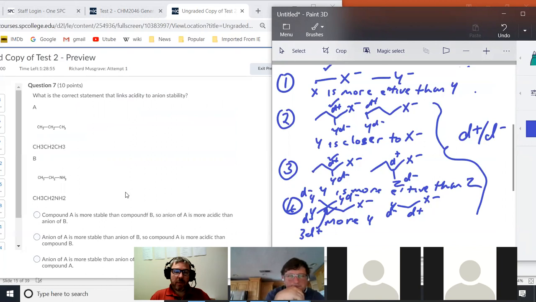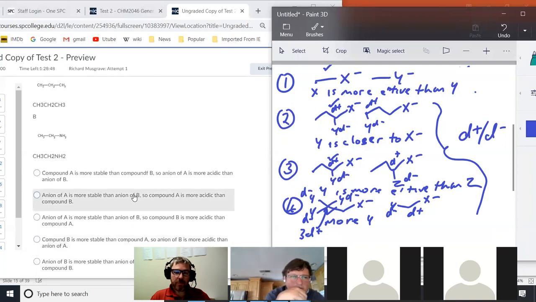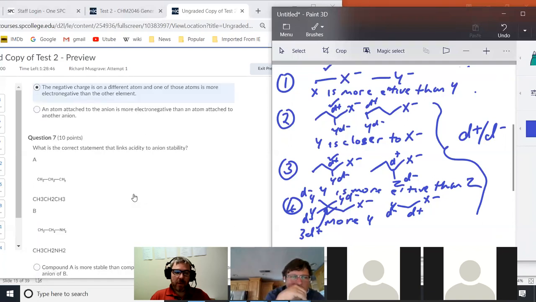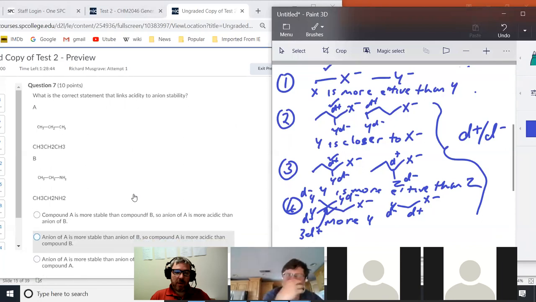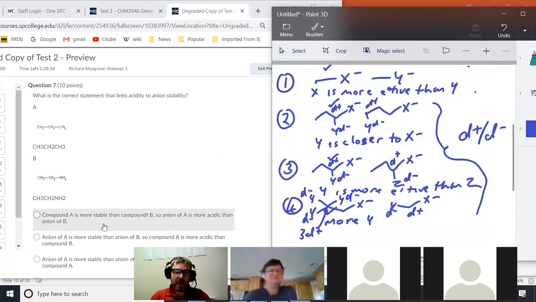Okay. What's the correct statement that links the acidity of the anions to stability? So we've got compound A, and we talk about the anions as well.